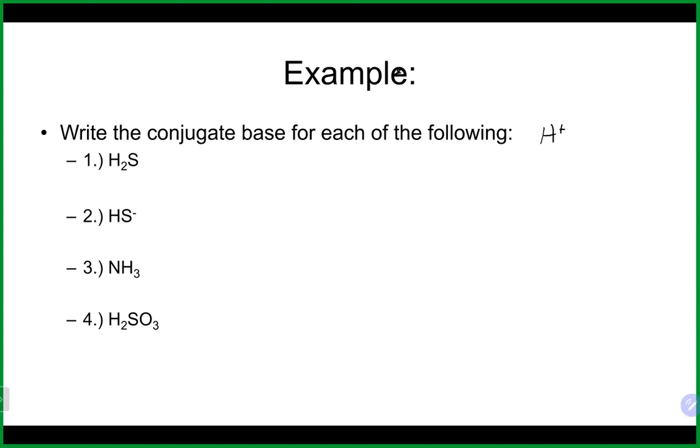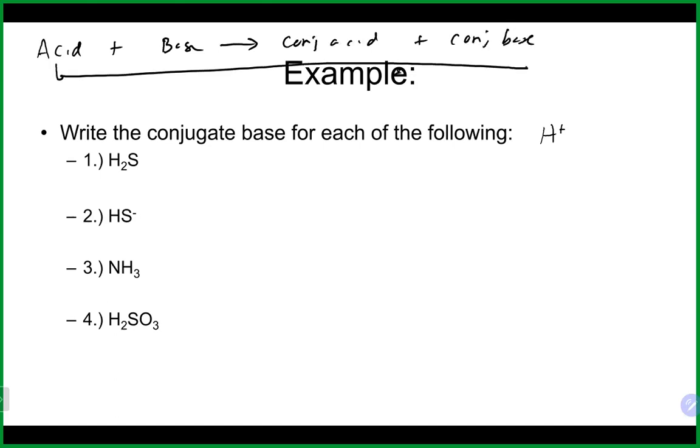That's the big question. So understanding sort of the Bronsted Lowry relationship that we talked about is really important in this case. So if we have an acid and we have a base, on the other side, we have a conjugate acid and a conjugate base. The relationship is the acid on one side is related to the conjugate base, and the base on one side is related to the conjugate acid.